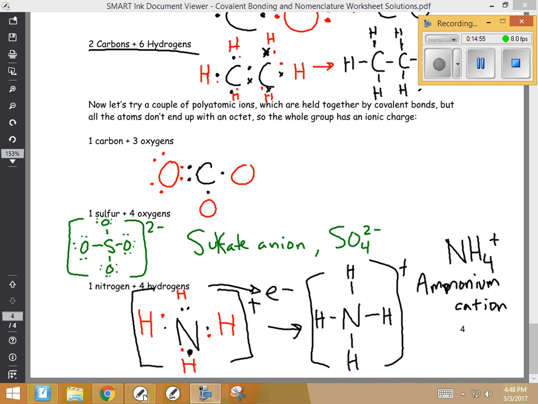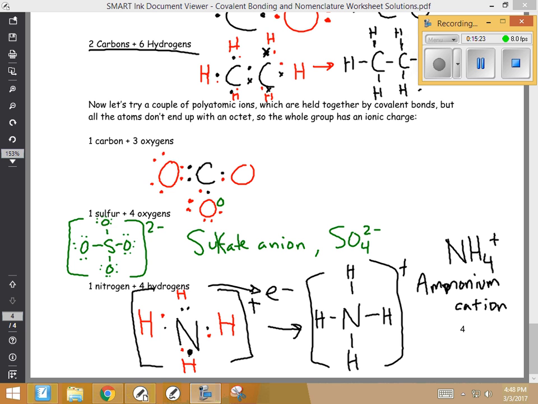This oxygen here donates one electron to the bond with carbon, and it has 1, 2, 3, 4, and that's a total of 6 for oxygen of its own electrons. And with this electron, it makes up 7 electrons. Okay, that's not an octet, it's 7. This oxygen is not happy because of this hole right here.